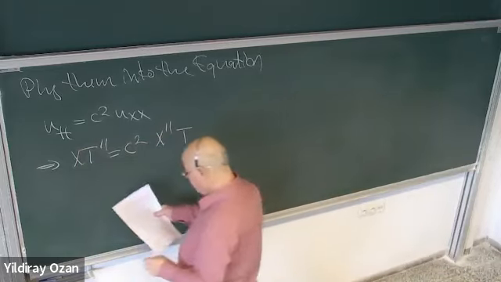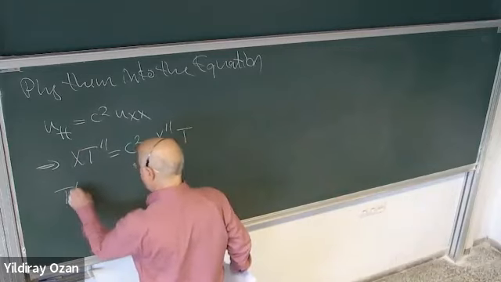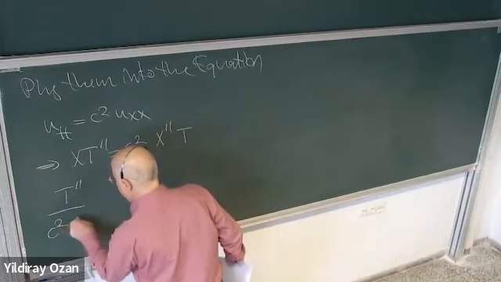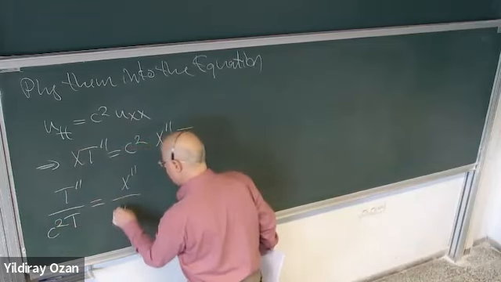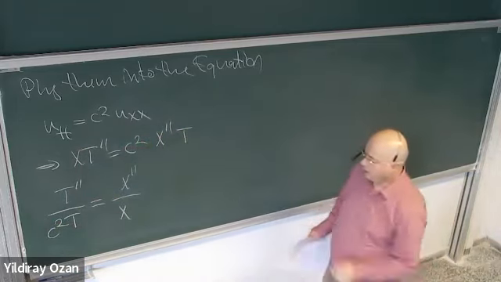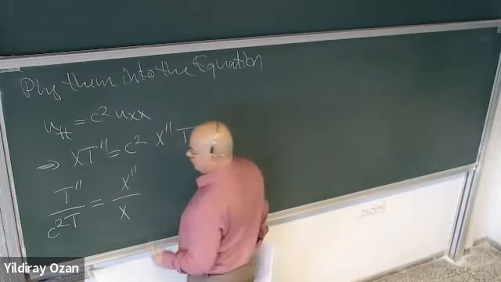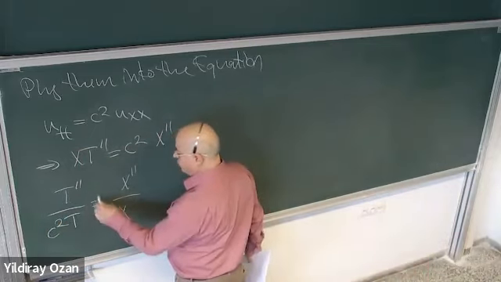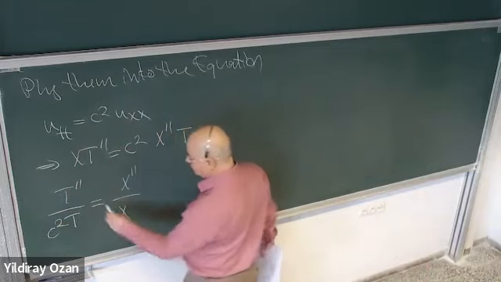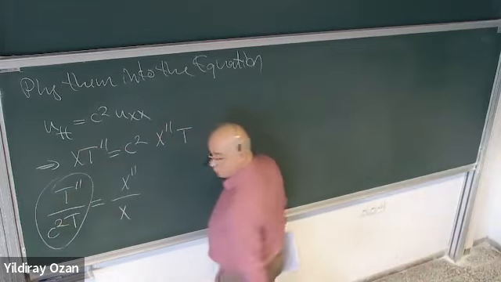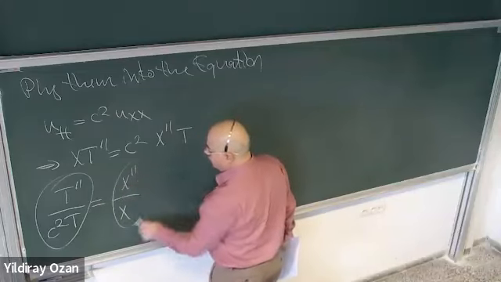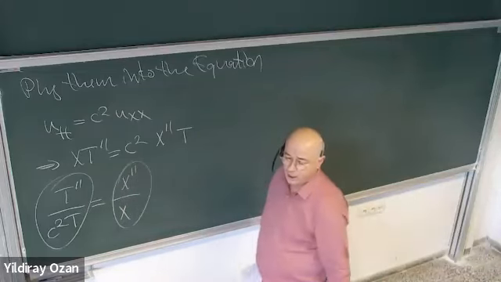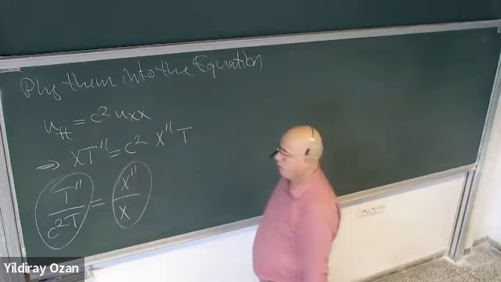And then from this, we can write it as like this. And as usual, we make the following argument. This is a function of t only, and this is a function of x only, and they are equal to each other.